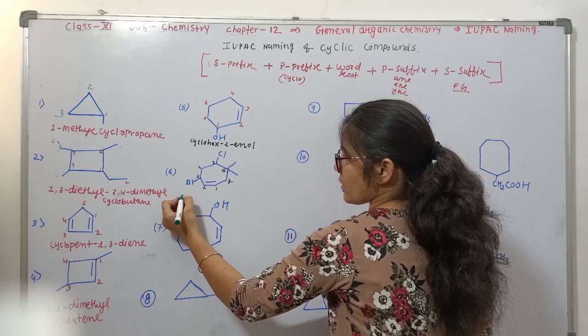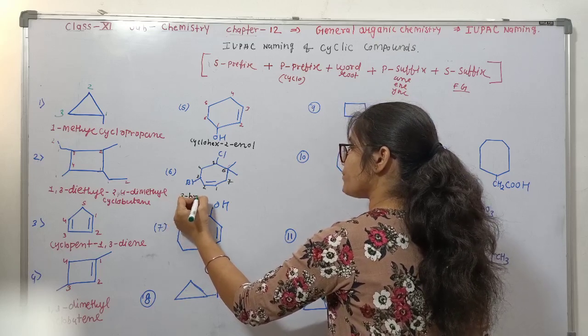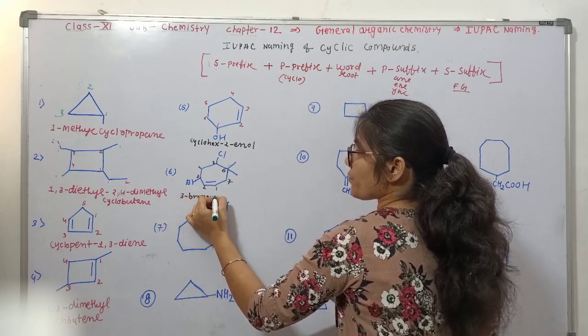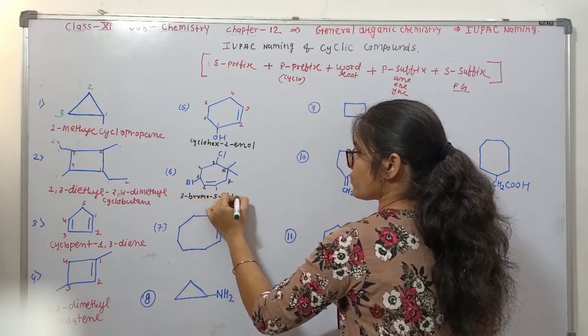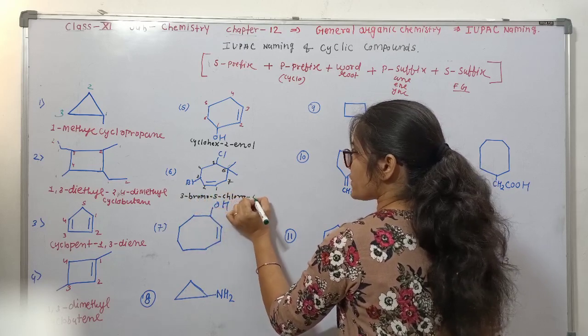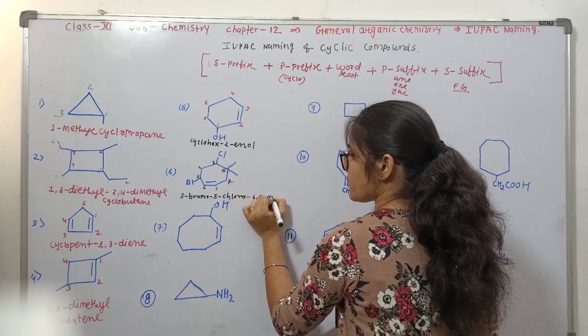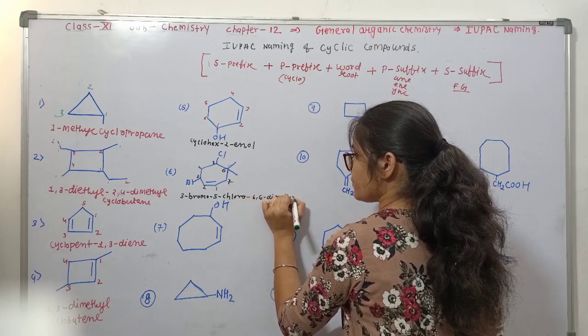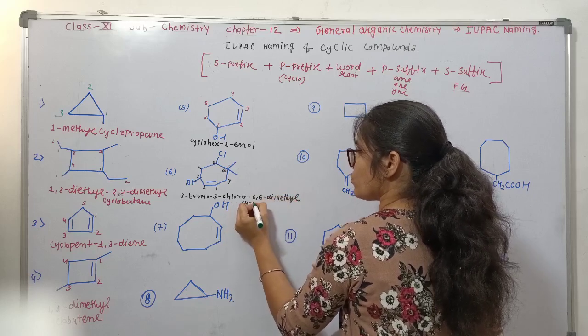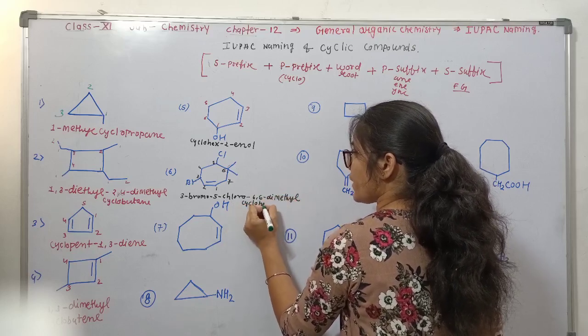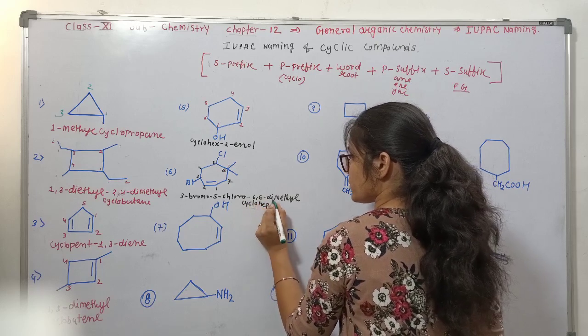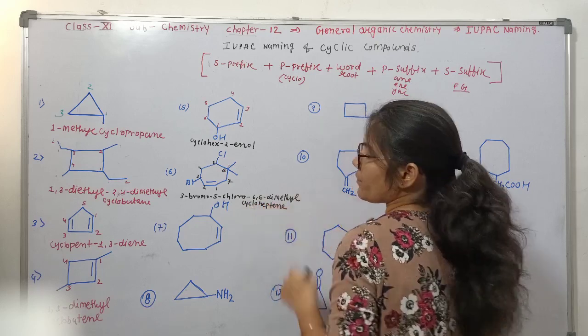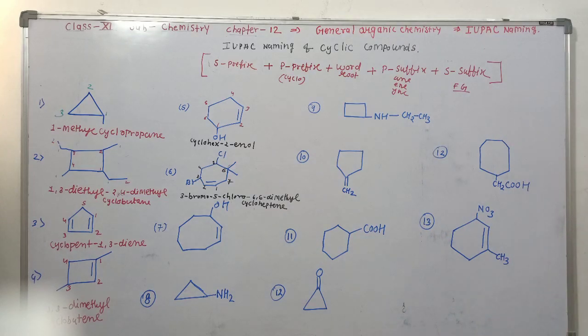Alphabetically, 3 bromo, 5 chloro, 6, 6 dimethyl cyclohept-1-ene. 3 bromo, 5 chloro, 6, 6 dimethylcycloheptene.